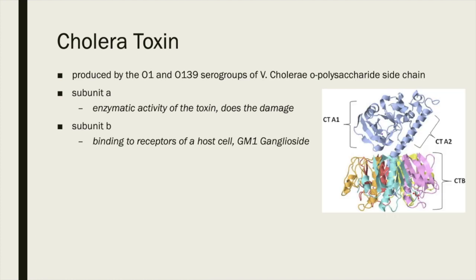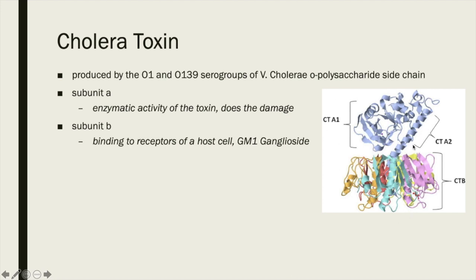Cholera toxin is what Vibrio cholerae produces. More specifically, it is produced by the O1 or O139 serogroups of the Vibrio cholerae O polysaccharide side chain. So there are many serogroups, but those two groups are the main groups that produce the cholera toxin. Cholera toxin is also made up of different subunits.